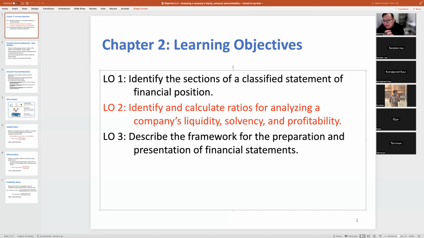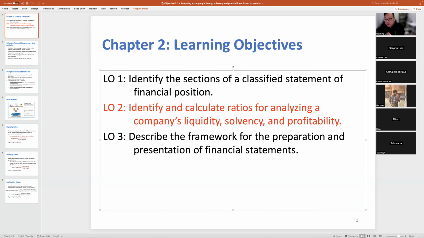Profitability tells you whether the company is making money. There are different ways to measure profit. In this learning objective, we are going to learn a couple of ratios that will help us make some basic assessments about how a company is doing in terms of liquidity, solvency, and profitability.